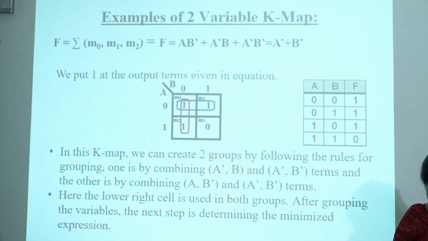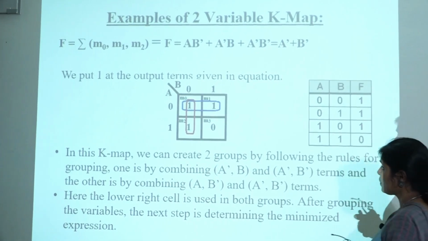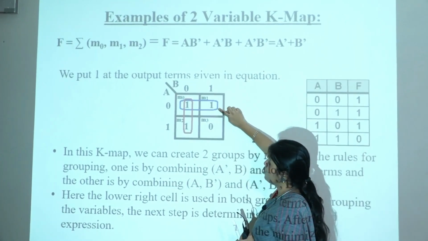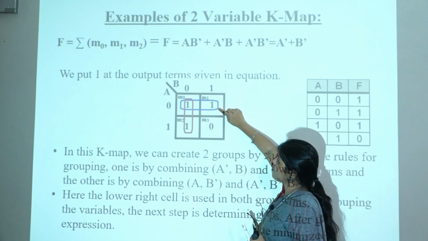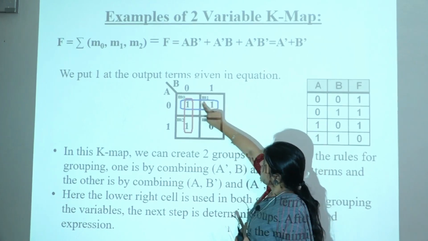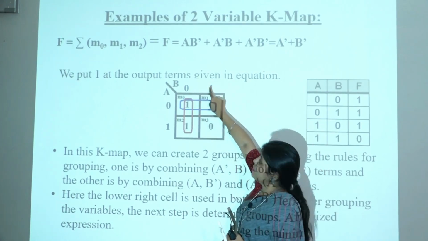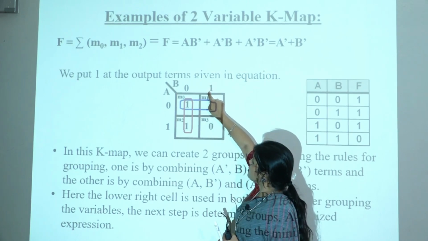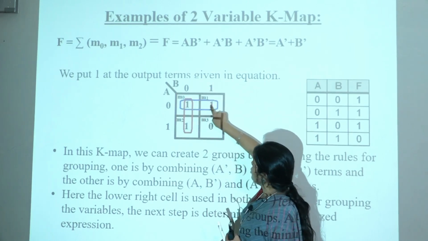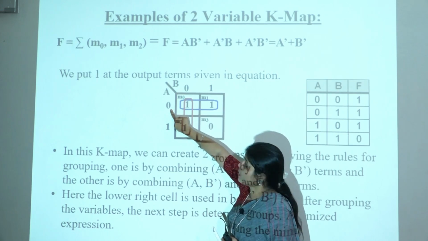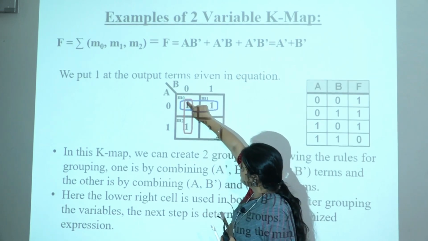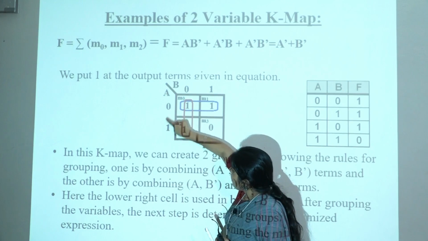I know it is confusing. Let me repeat. The output of this blue grouping: B and B bar are complemented, so both of them will be crossed out, so the output of the blue grouping would be A bar. When I take this red one, A and A bar are complemented.